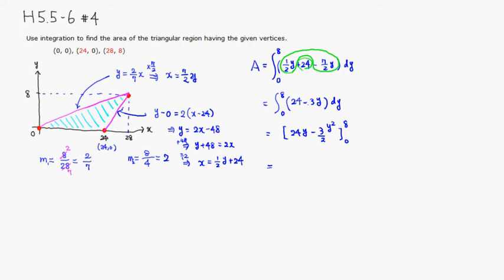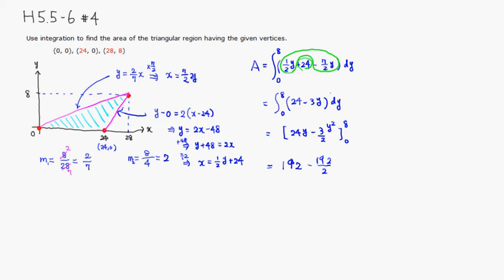So we plug in 8, so 8 times 24 is 192, minus 8 squared, which is 64. 64 times 3 would be 192, over 2.